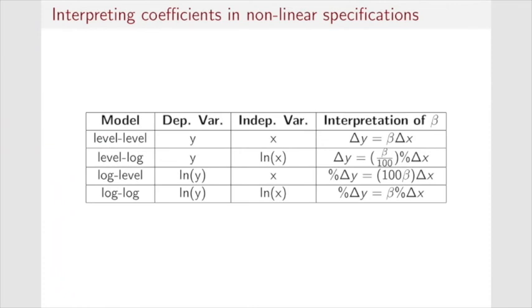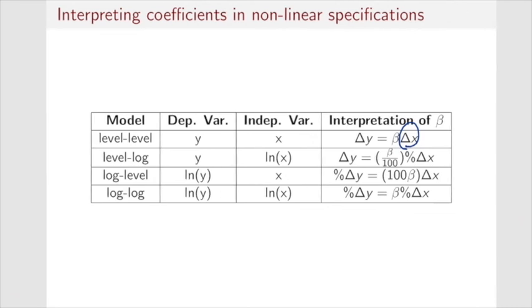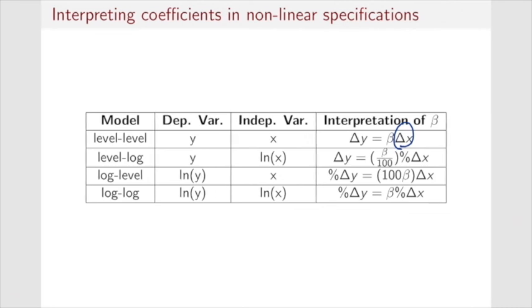Here is a summary of the interpretation of beta 1 for 4 different specifications. For the level-level model, the unit change of x is associated with beta times this unit change of y. For the level-log model, the percentage change of x is associated with the unit change of y.